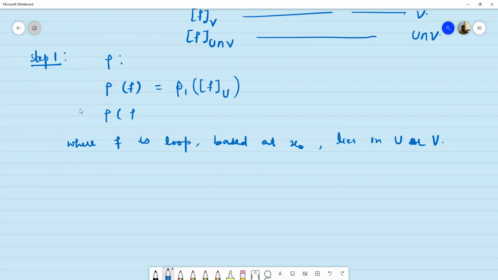Similarly, we define rho of f as phi 2 of f_V if f lies in V. So we define a set map.